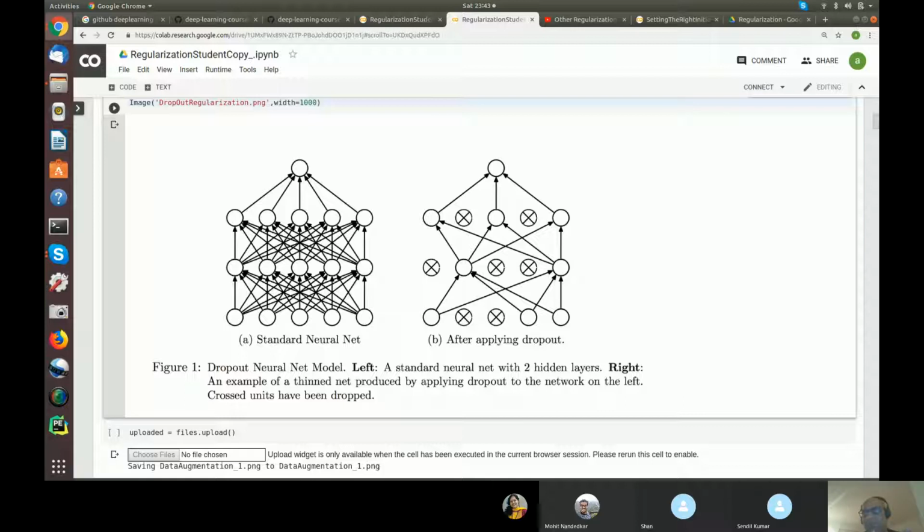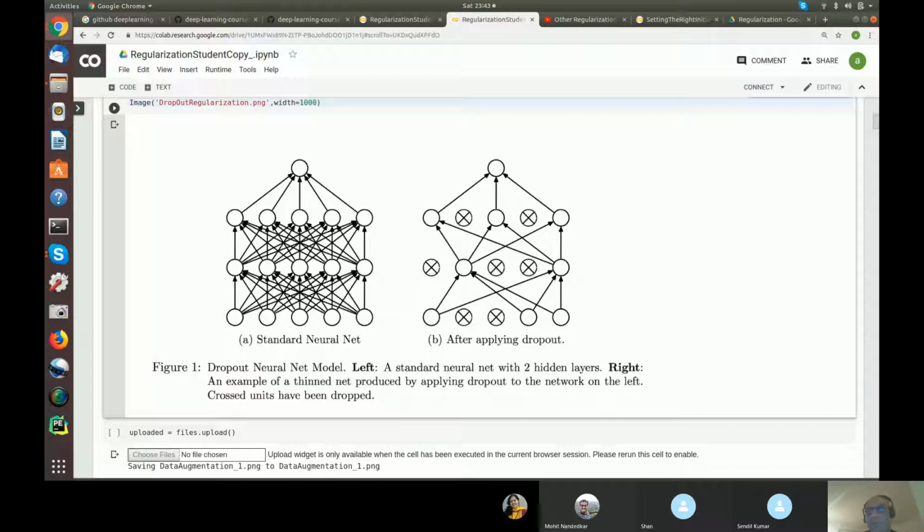So instead of the model having some features which are overfitting, we tend to ensure that none of the neurons get very high weight, and more of them get low to medium weights.